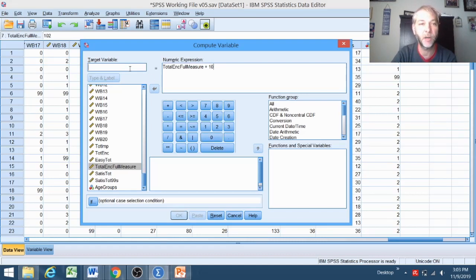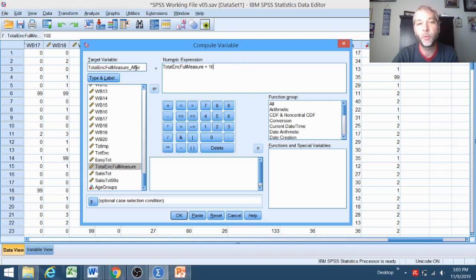And then let's call this total encouragement full measure after, with an underscore there. All right, so now, again, this is a long name. You probably would want to find something a little more conducive to navigating a little more quickly.